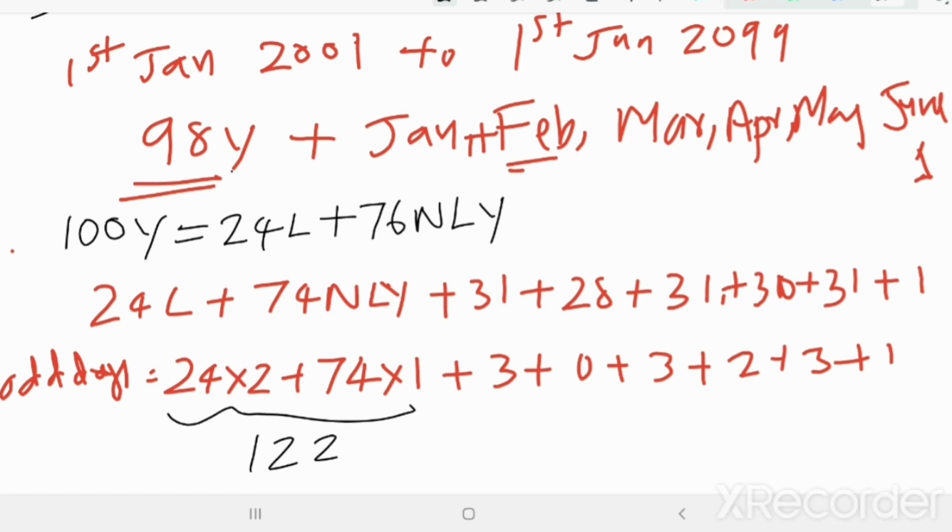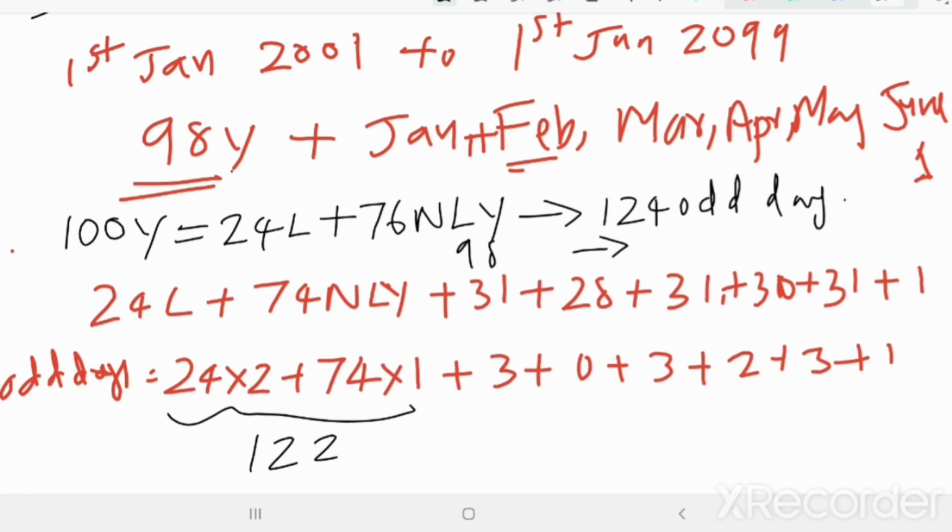So this we can directly find from here. In 100 years there are 124 odd days. If you know this fact, then since the 100th year is not a leap year and the 99th year also not a leap year, you can deduct 2 odd days for the 99th year and 100th year.